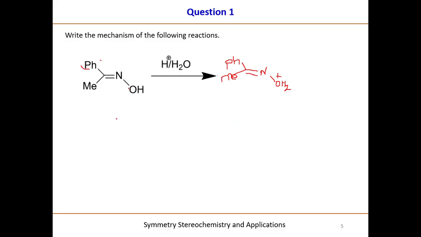The alkyl group which is present trans to the hydroxy group will always migrate in this rearrangement reaction. So here the phenyl group will migrate over to the nitrogen atom, and this H2O will leave, and nitrogen will form a pi bond with this carbon atom. So here I am writing the product, minus H2O. Correct? H2O will leave here.